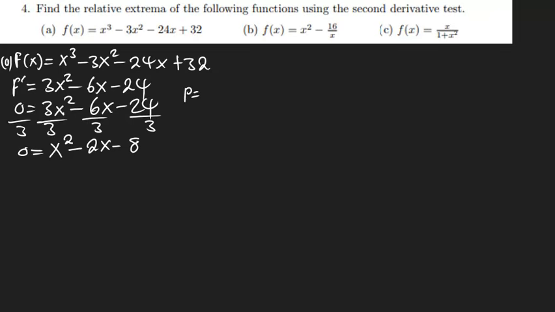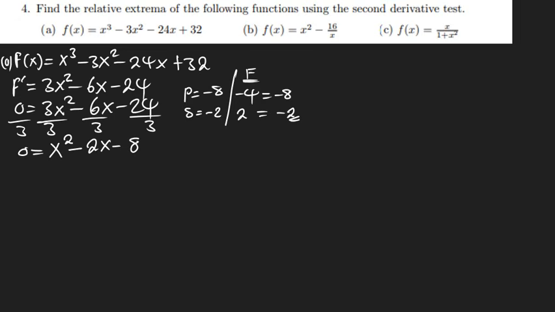Product is equal to negative 8. The sum is equal to negative 2. The factors are negative 4 and 2. If we multiply negative 4 by 2, we get negative 8. If we add negative 4 plus 2, we get negative 2.